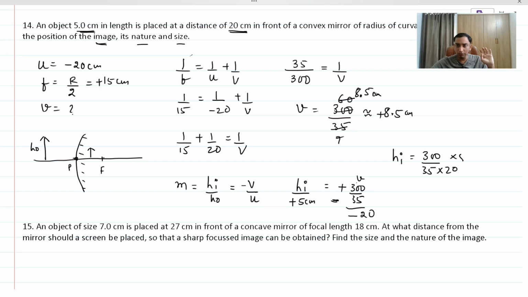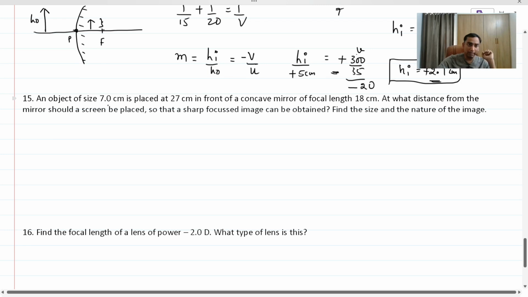Now 5 centimeters goes in this direction, so the height of the image is somewhere around 2.1 centimeters, 15 by 7, right? So the image is diminished, it is definitely virtual and direct, that's why the answer is coming positive. So this is how it has to be done.